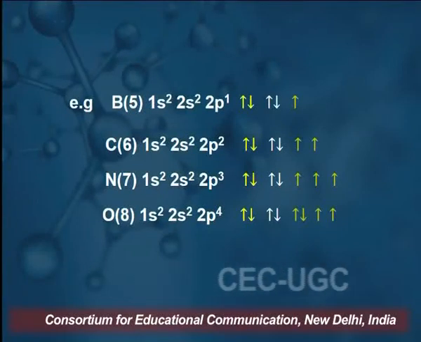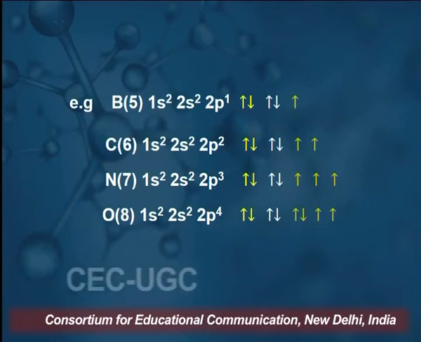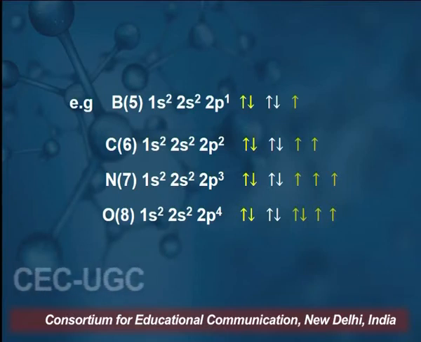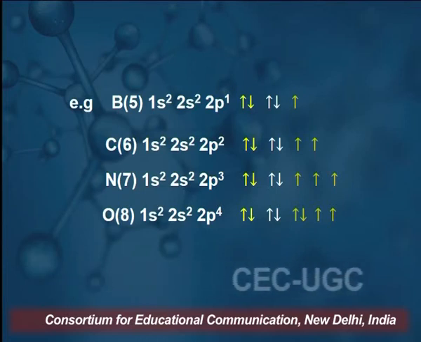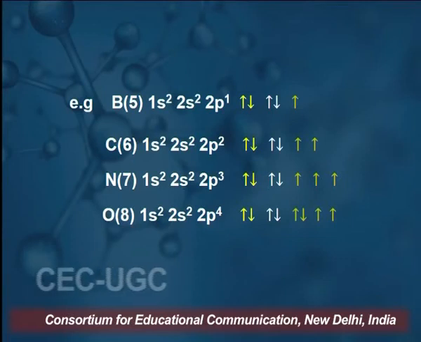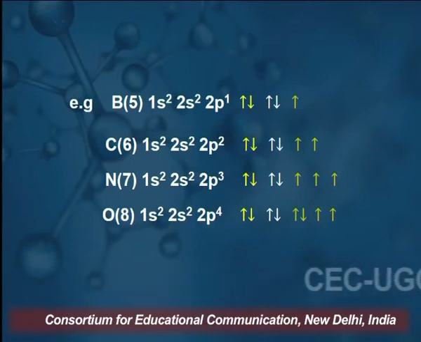We have boron, carbon, nitrogen and oxygen with atomic number 5, 6, 7 and 8. When we write the configuration, for boron it is 2p1, then 2p2, then 2p3 and then 2p4. In 2p1 you can see a single electron, then 2p2 has two unpaired electrons with parallel spin in p orbital, 2p3 has three electrons parallel to each other, singly occupied, and when the fourth electron comes, now the pairing starts.